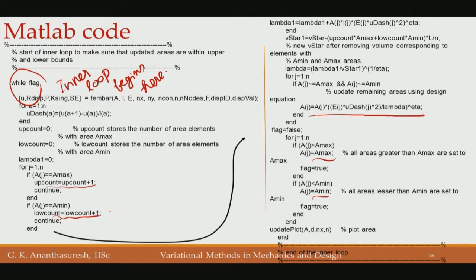You keep count of that and then use that when you are updating for lambda, and that is over here in terms of computing this lambda 1, okay.